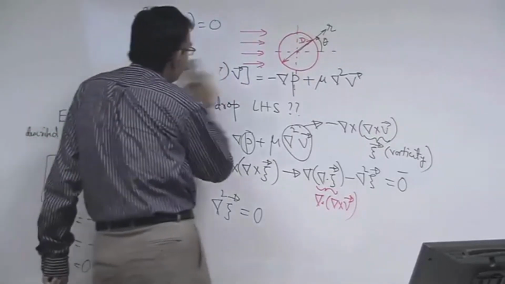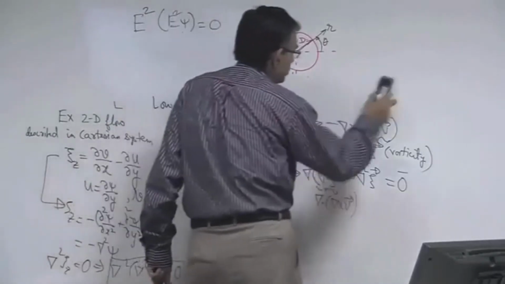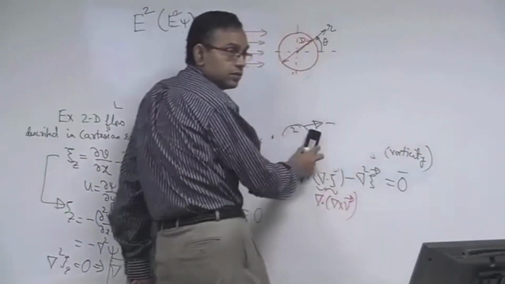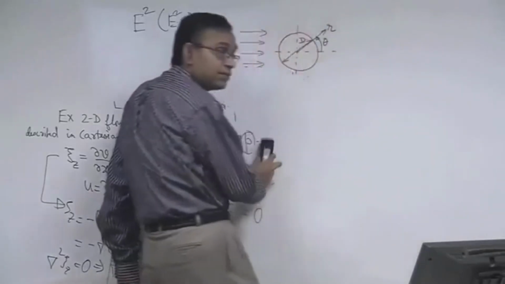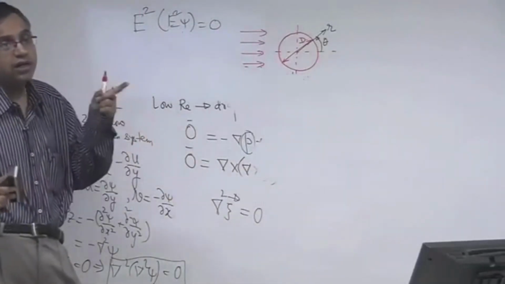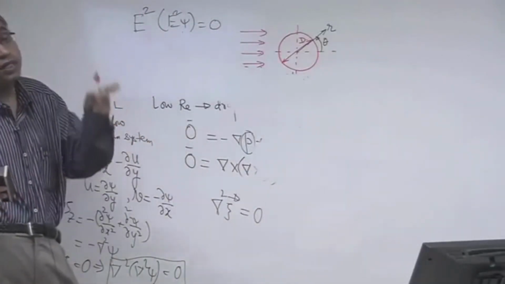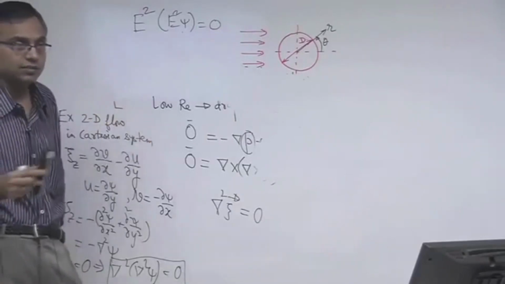With this background, the definition of stream function will be different, but that will satisfy. Why does it have to be different? Because that has to satisfy the version of the continuity equation for incompressible flow in the r theta coordinate system, not the Cartesian system.